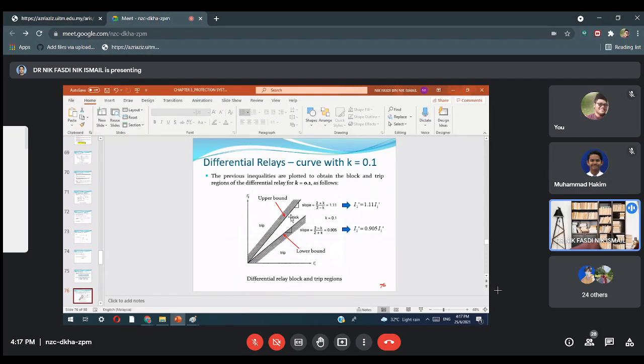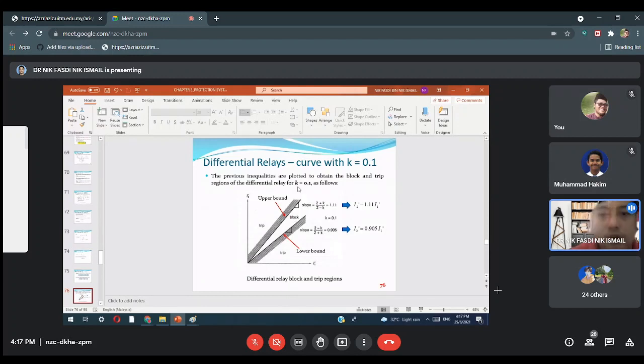diagram. So satu kalau in between ni the block region, dia tak akan turn on. Maksudnya the mismatch between the current exists in this block region, so dia tak akan turn on. However, when the mismatch between the currents exists in the upper bond or lower bond, maksudnya dia berada minimum kat sini atau dekat sini, not in this block region, relay will trip.